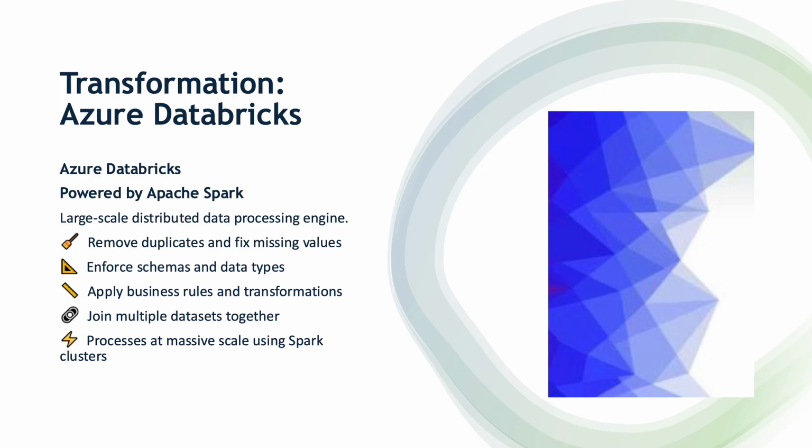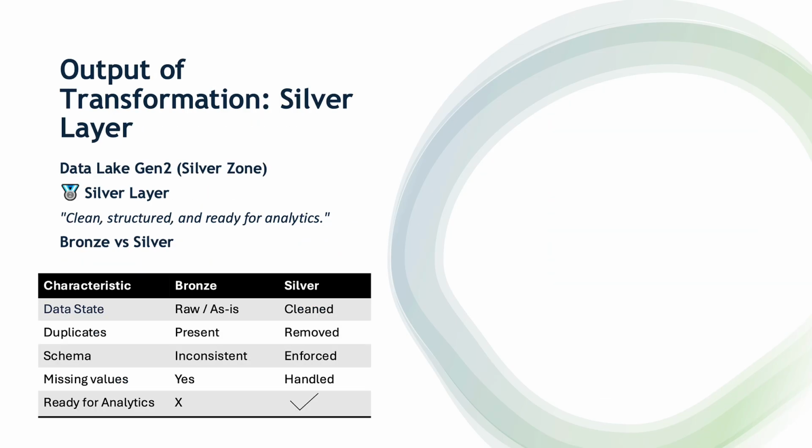Here is where we clean the data, we remove duplicates, enforce schemas and apply the business logic. We also join the data sources, then we structure the data properly. The output of this stage is called the silver layer. The silver layer is a clean and structured layer. It is ready for analytics, but we are not done yet.